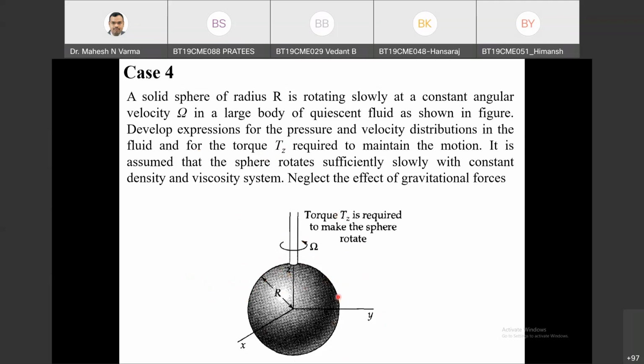The fluid starts at r equals capital R and ends at r equals infinity, because this is an infinite pool of the fluid. This sphere is dipped in an infinite pool of the fluid. Also develop the torque required to maintain this motion. So what will be the torque required?